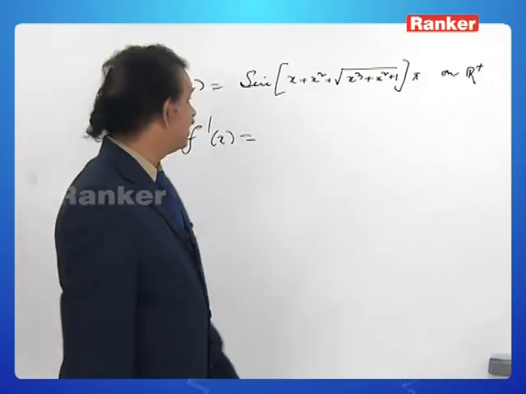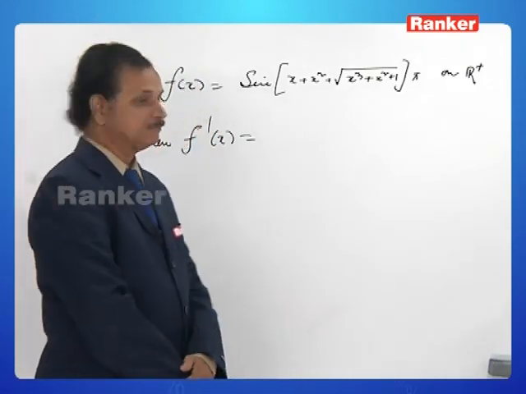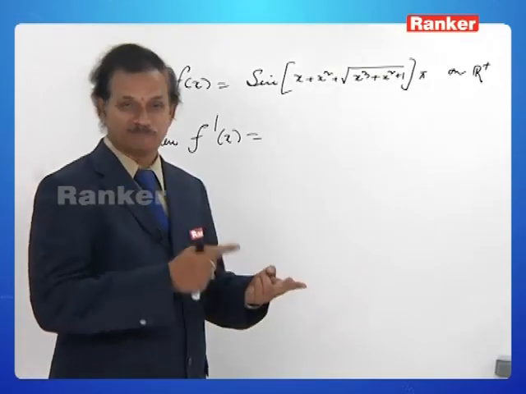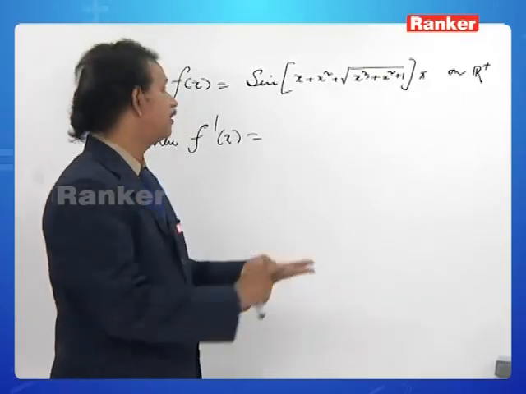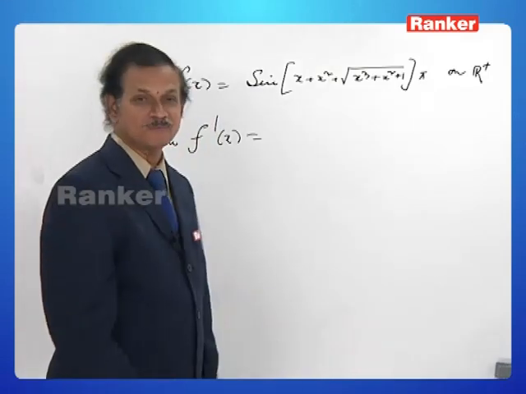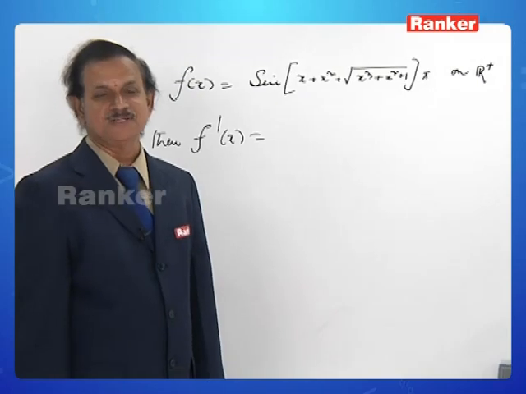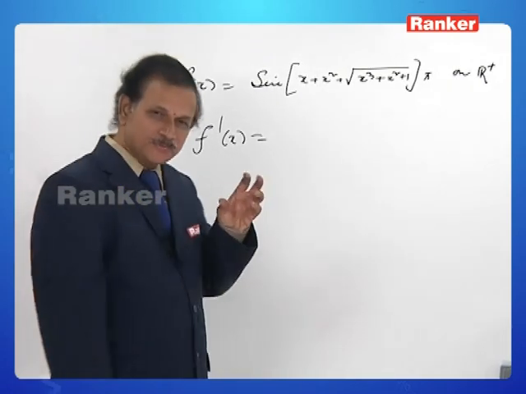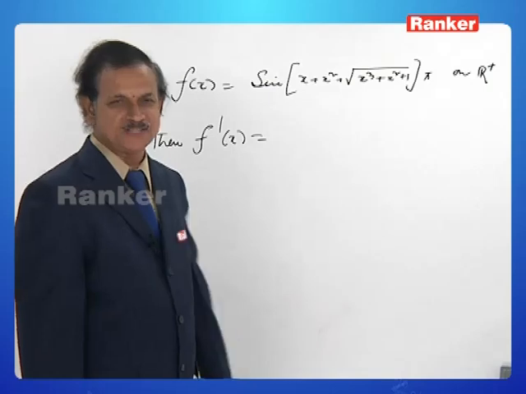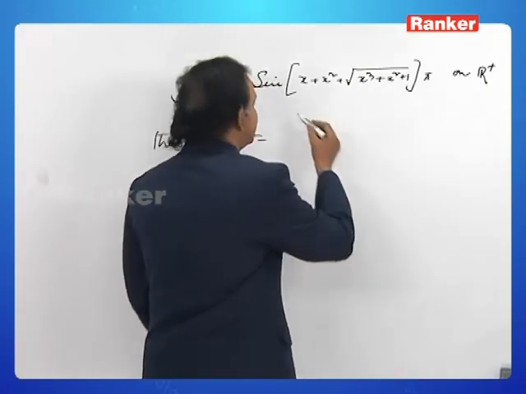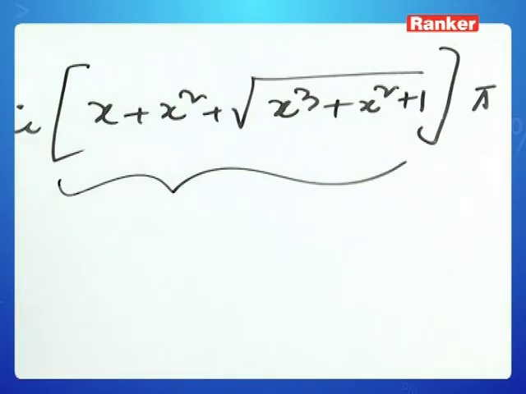Observe this lengthy function: f of x is equal to sine of integral part of x plus x square plus root of x cube plus x square plus 1, into pi. A lengthier mixture of polynomials is given. But you see, the beautiful thing occurring in the definition of the function is the integral part of all this into pi.